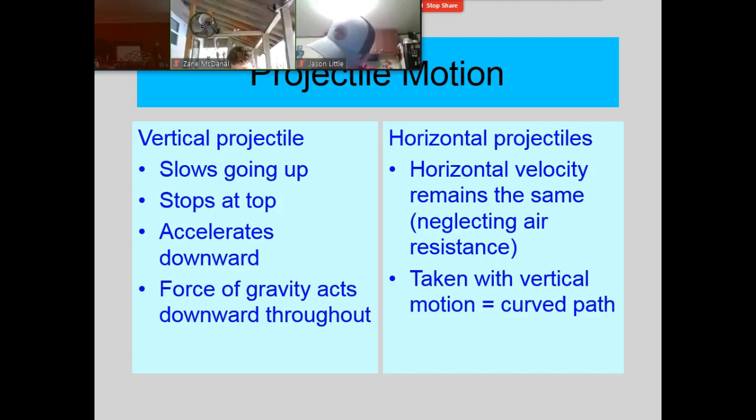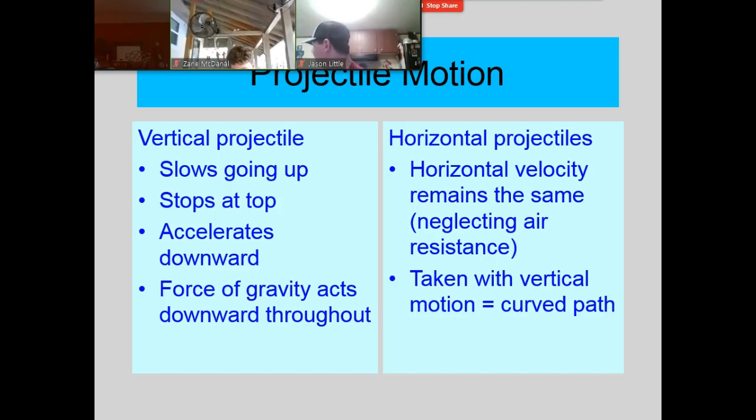If you were to throw something straight up, it's going to slow down on its way up. It stops at the peak. Now, it depends on how fast you throw it. Throw it really fast, it goes way up there, but at some point it stops and then comes back downward, picking up speed at the same rate that it lost speed going up.